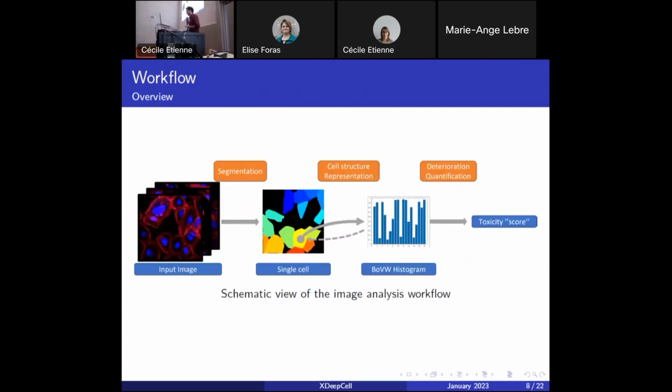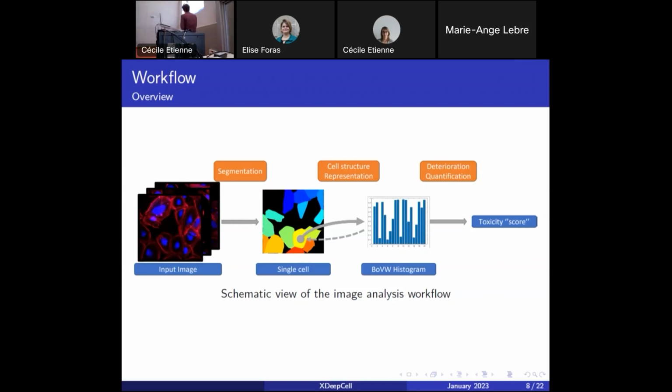Now that we have our images, we can process them. So here is a little schematic view of the workflow. With our input images, we perform segmentation to work on single cells, and we find a way to represent the cell structure in a form that allows us to perform interpretable analysis, and that allows us then also to quantify the deterioration of each cell in order to obtain a toxicity quantification or toxicity score for the drug.